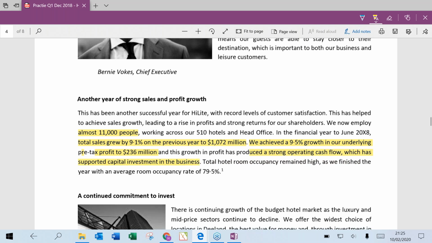The total hotel room occupancy remains high, and we finished the year with an average room occupancy of 79.5%. All right, so I just highlighted some numbers.